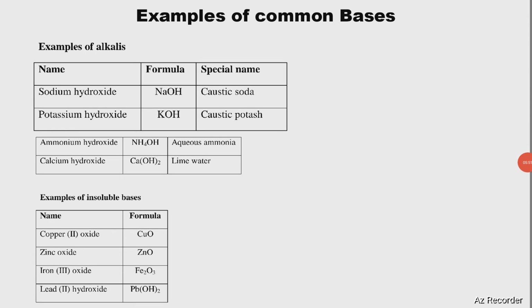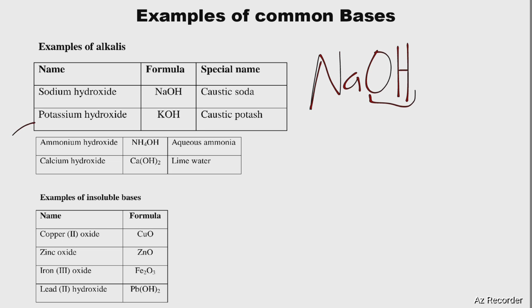Let's look at examples of alkalis. We have the famous sodium hydroxide, which we call caustic soda. We will use sodium hydroxide for many examples. You notice there's a hydroxide group in sodium hydroxide. You also have potassium hydroxide, which also contains the hydroxide group.